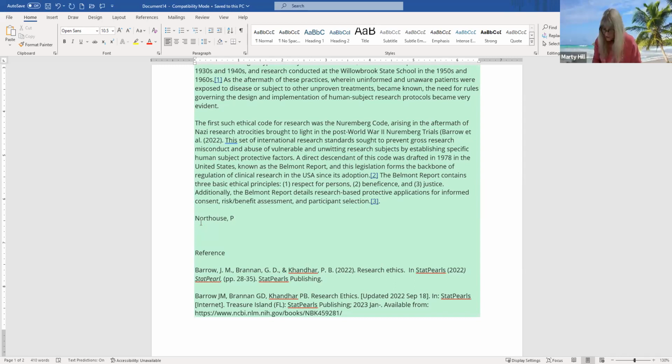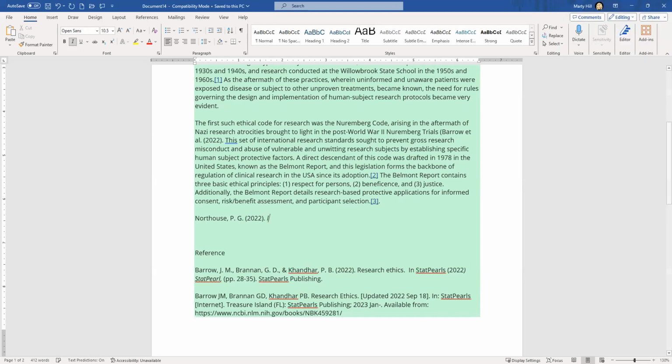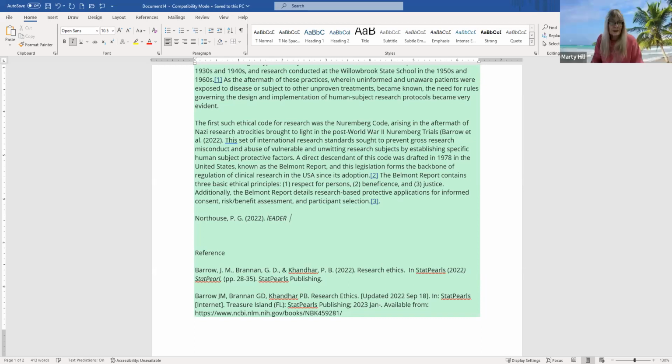His first initial is P. His second initial is G. 2022 publication date. Then the title of the book. The title of the book is in italics, but not in all caps.